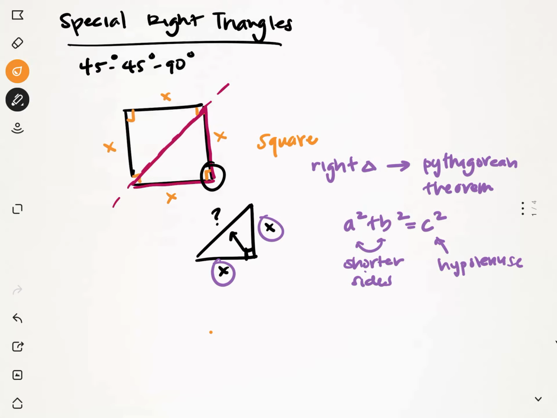All right, so let's go ahead and start figuring this out. The shorter sides are the x's. So we're going to have x squared plus another x squared is equal to, well, we don't know, so we'll just say c squared. We're trying to find out how long that length is in terms of x. Solving this algebraically, x squared and x squared are like terms, so we can add them.